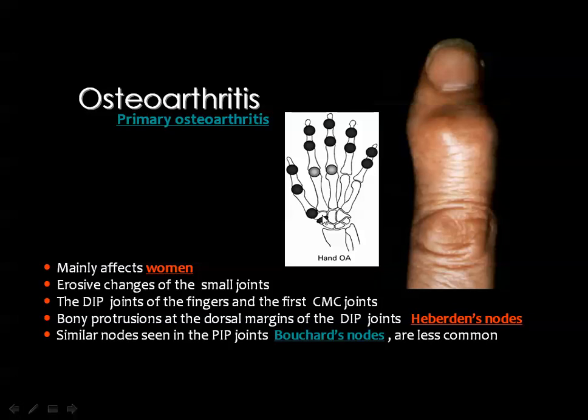All these joints can be commonly affected by osteoarthritis if it occurs in the hands.